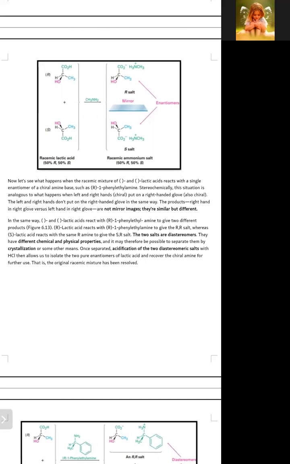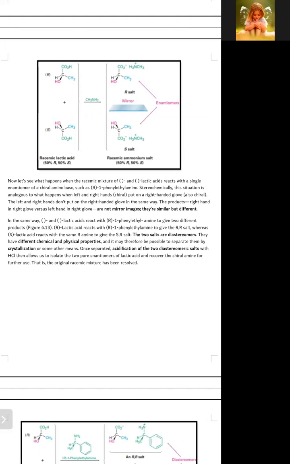These R salt and S salt are both enantiomers. The two salts are diastereomers and they have different chemical and physical properties. It may therefore be possible to separate them by crystallization or some other means.